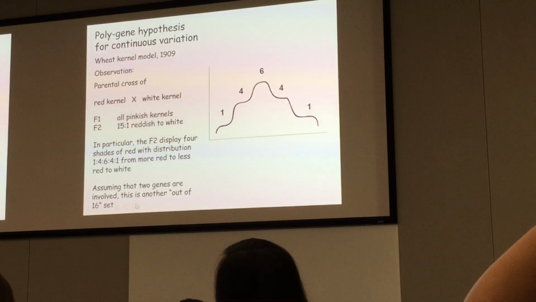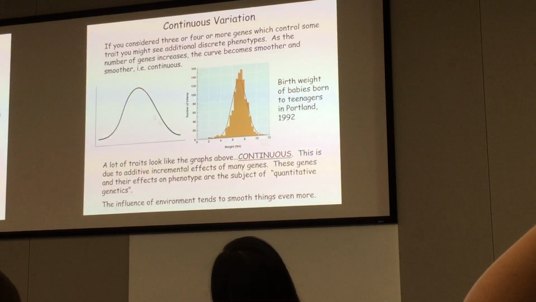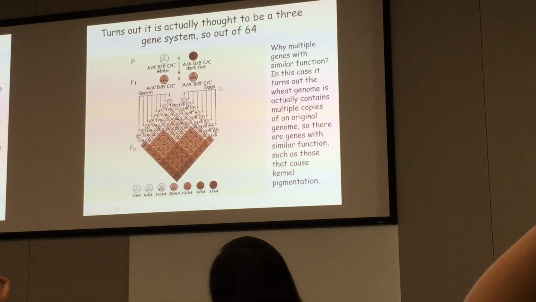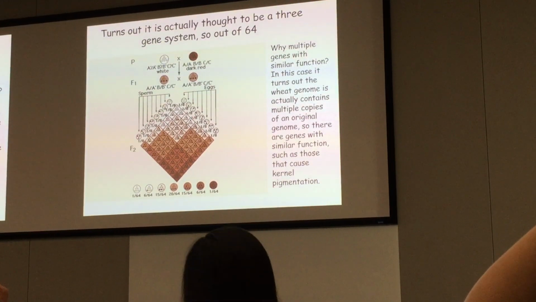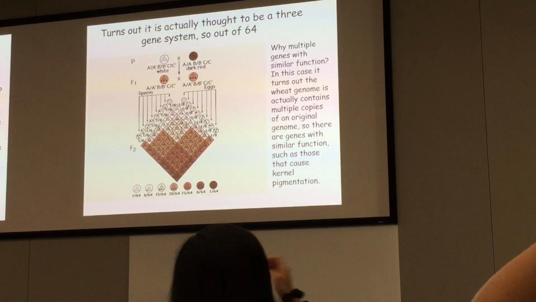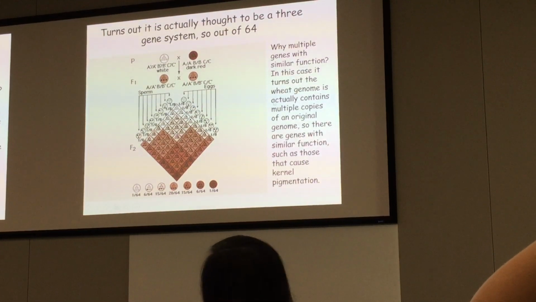And ultimately, if you've got lots and lots of genes, you get phenotypes that look like this rather than those discrete phenotypes. So this is the polygene hypothesis, that as you have more and more genes and more alleles contributing, you start to get even finer and finer gradations in phenotype that starts to look like these normal curves.